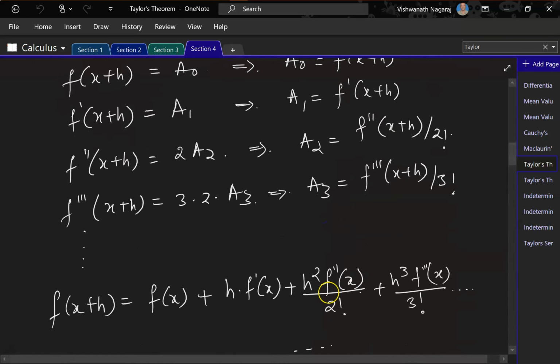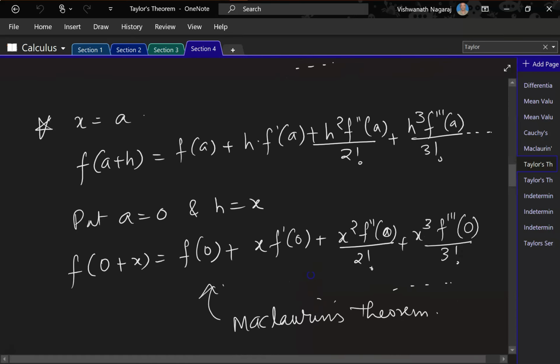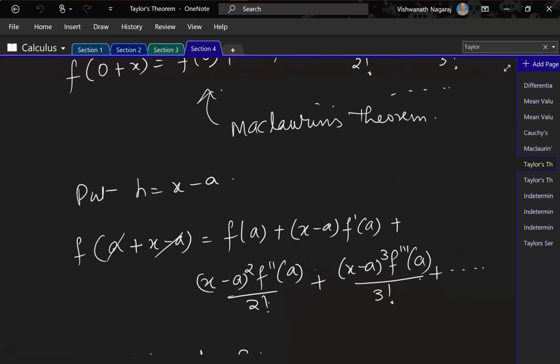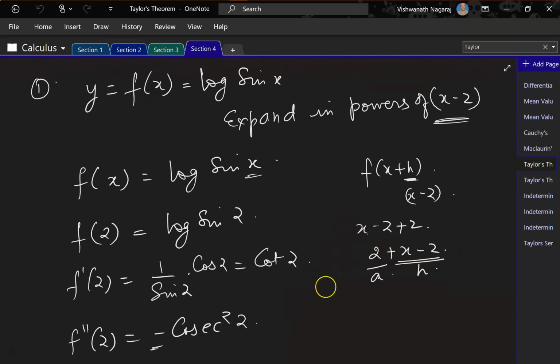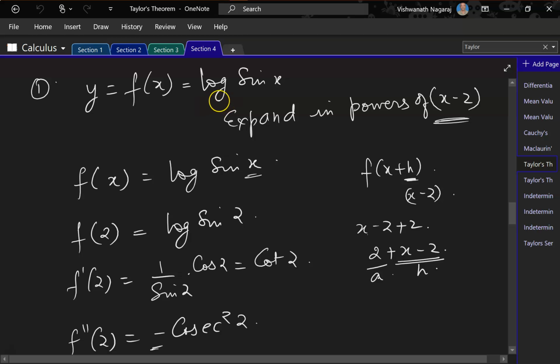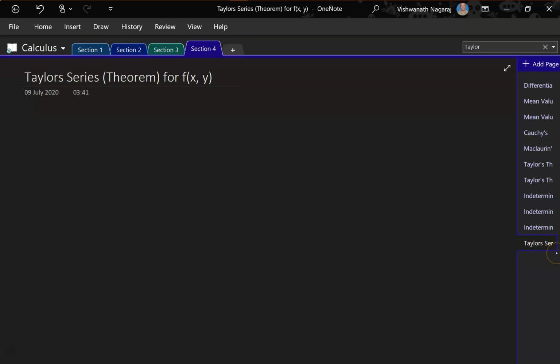So we have looked at Taylor's theorem and Maclaurin's theorem, and we saw how to generate the expansion of log of sine of x. Now we are going to look at a function of two variables, that is x and y.